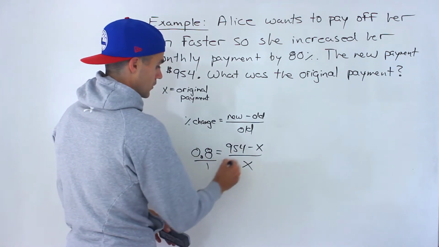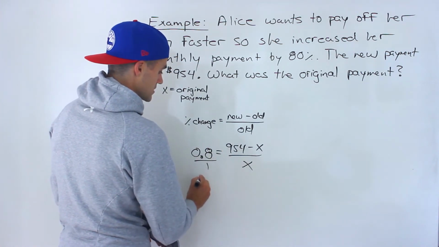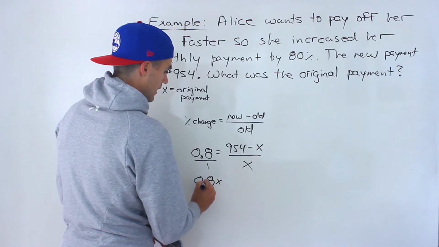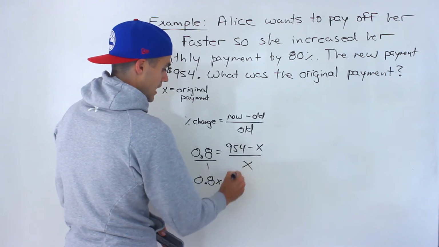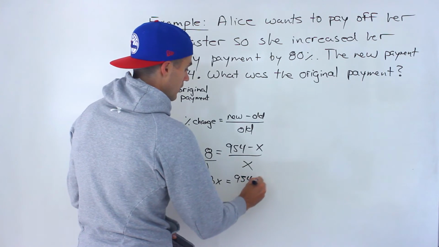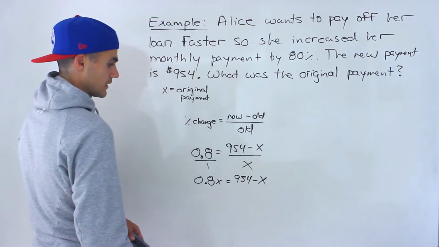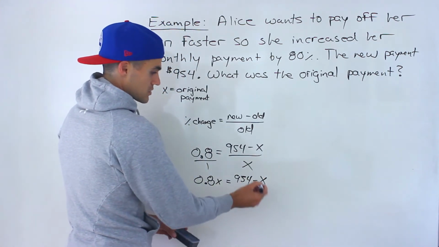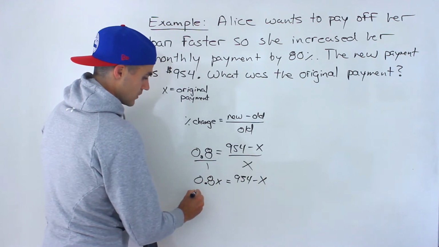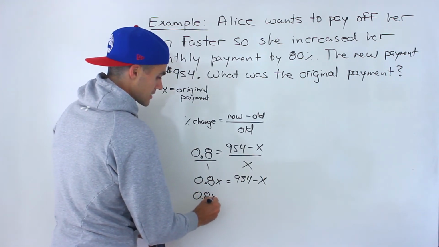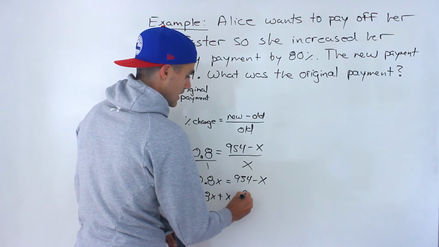So what we can do is we can cross multiply. So 0.8 times x is 0.8x. And then we'll have 1 times 954 minus x, like that. And then we could solve for x, so bring this x over. So we'll have 0.8x plus x equals 954.